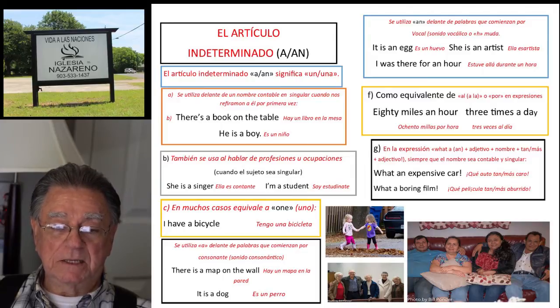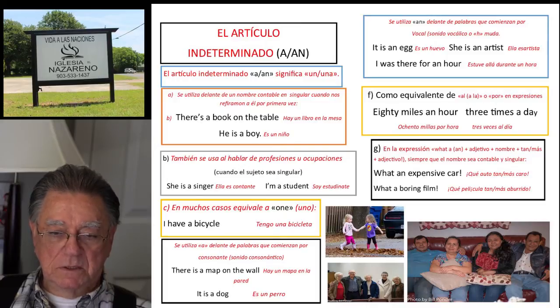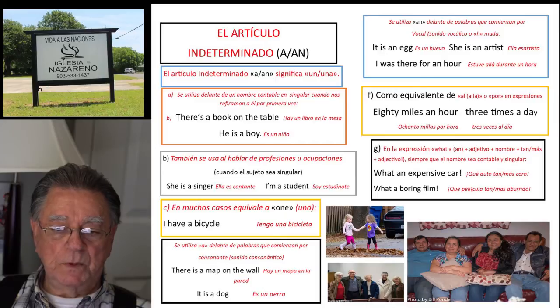Okay, and that's based on we do not know exactly which book. There is a book on the table. We don't know if it's a Bible, whether it's a book of mathematics. We don't know. There's a book on the table. Hay un libro en la mesa.